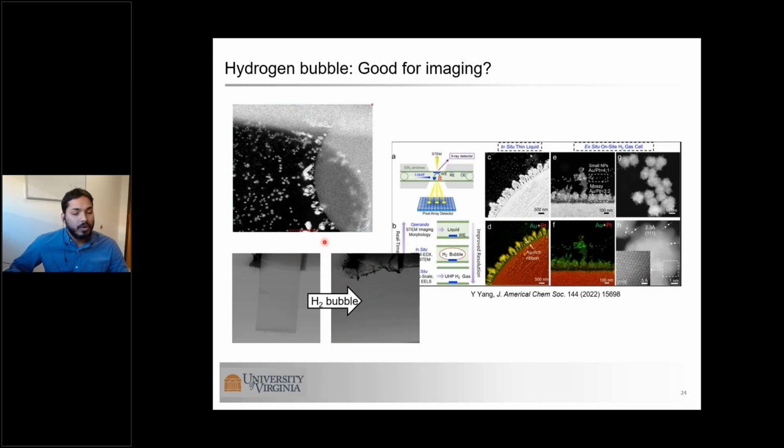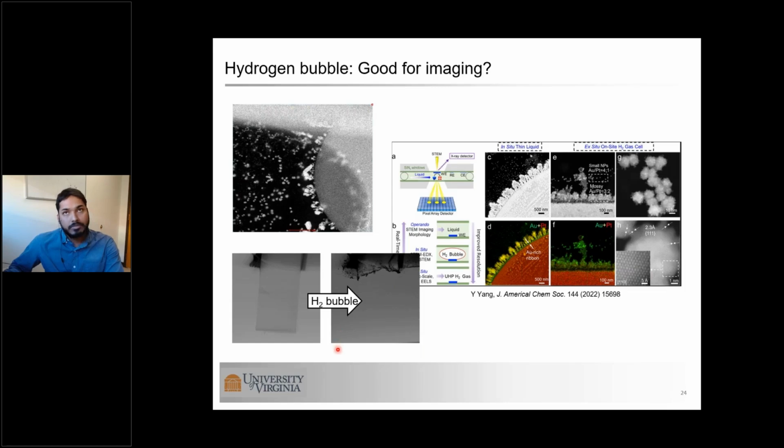But without a doubt, I think controlling the hydrogen bubble generation as well as removal would be really interesting. And then the high flow chip or proto chips, that is going to be really important, not just for this, but even for other energy studies as well.